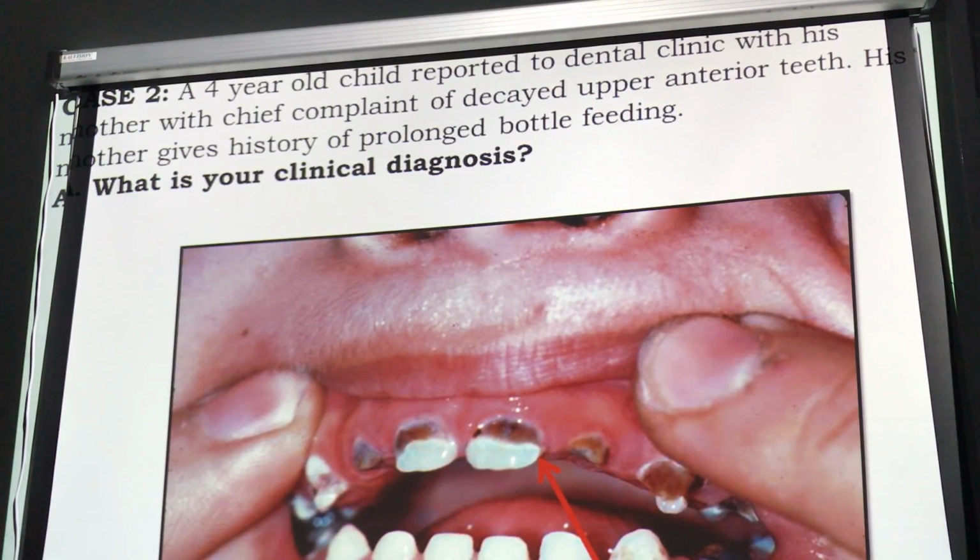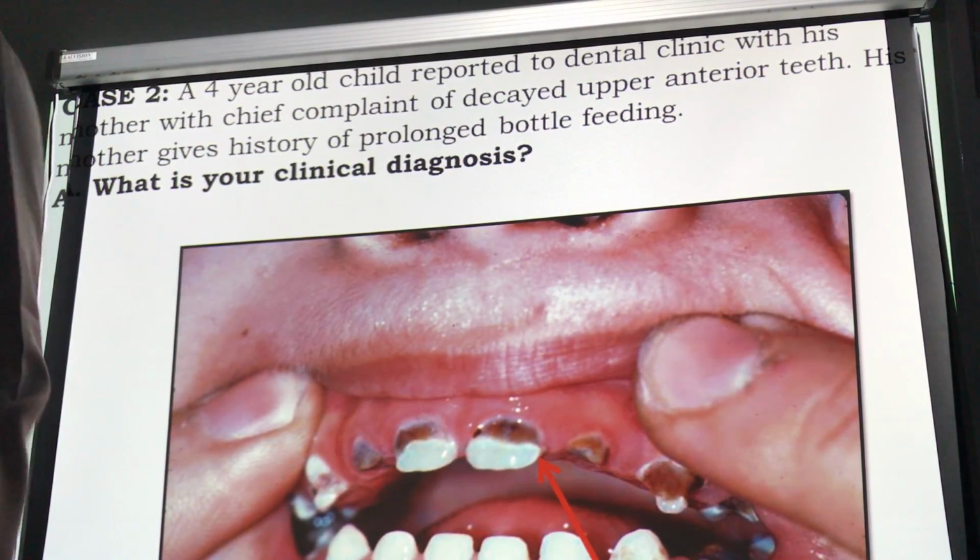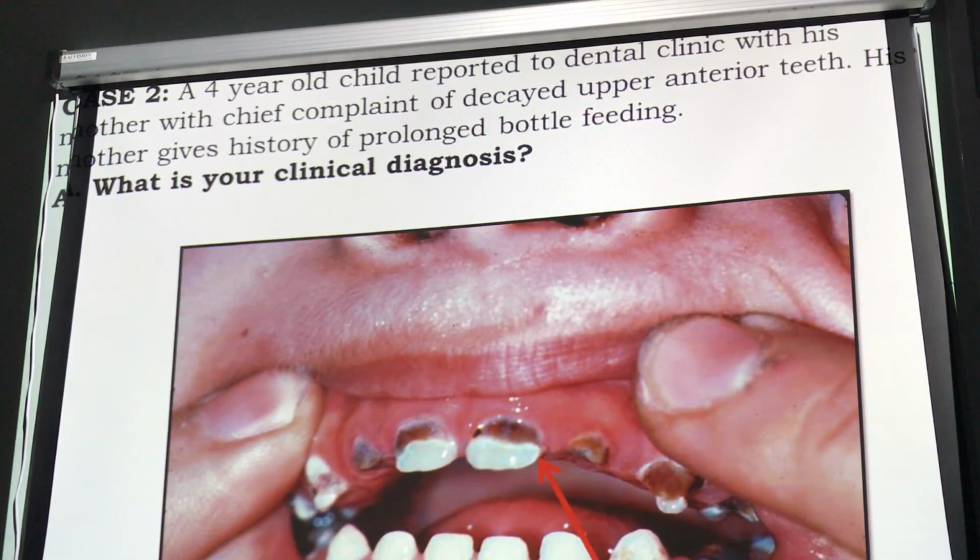Because of that, this constant source of sugar or carbohydrate is available to the plaque bacteria for a very long period of time, leading to formation of a large amount of acid in close contact with the tooth, leading to caries.